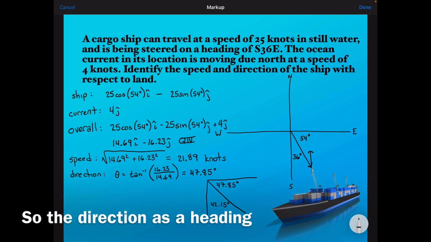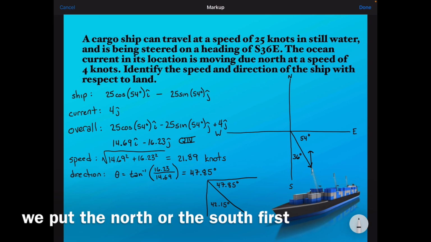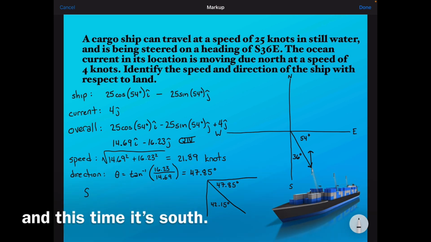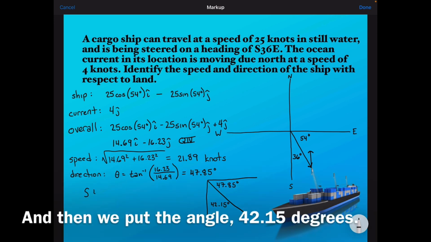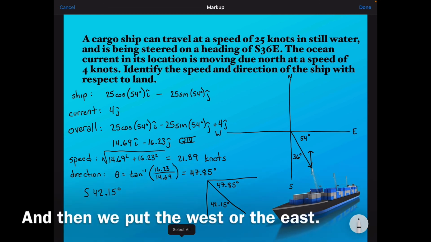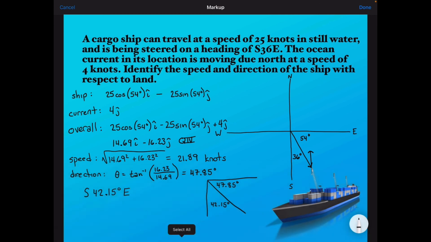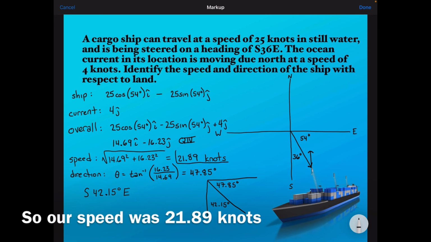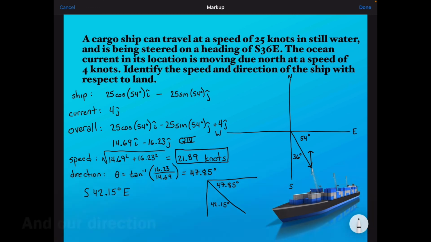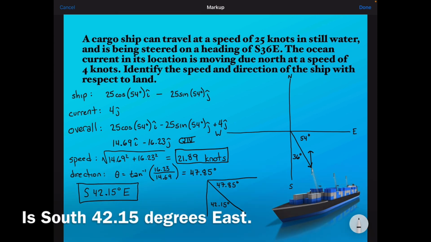So for the direction as a heading, we put the north or the south first, and this time it's south, and then we put the angle, 42.15 degrees, and then we put the west or the east. So our speed was 21.89 knots, and our direction is south 42.15 degrees east.